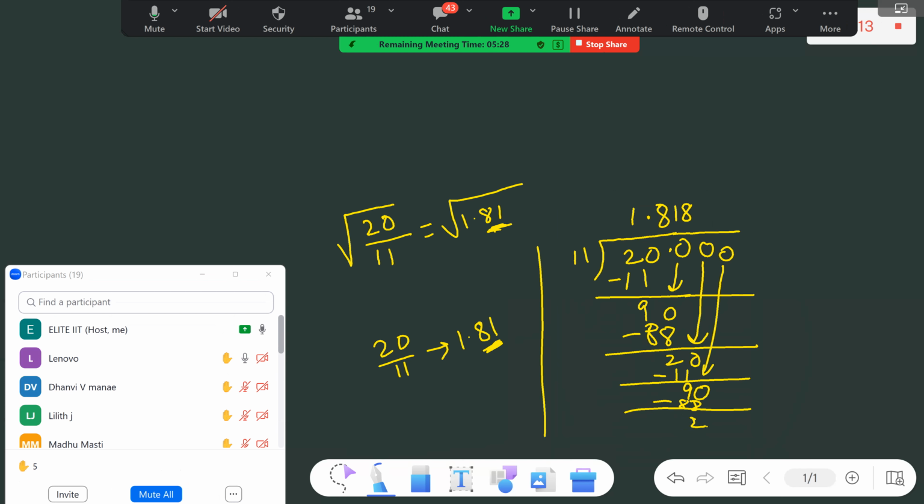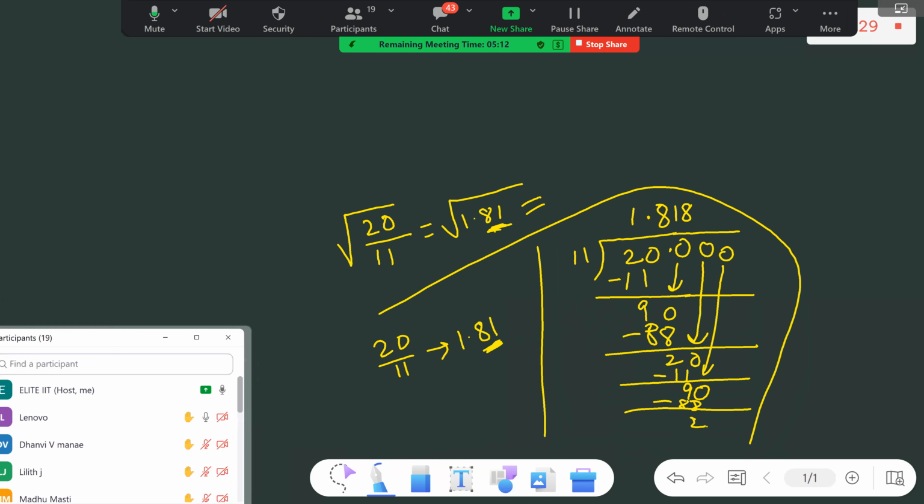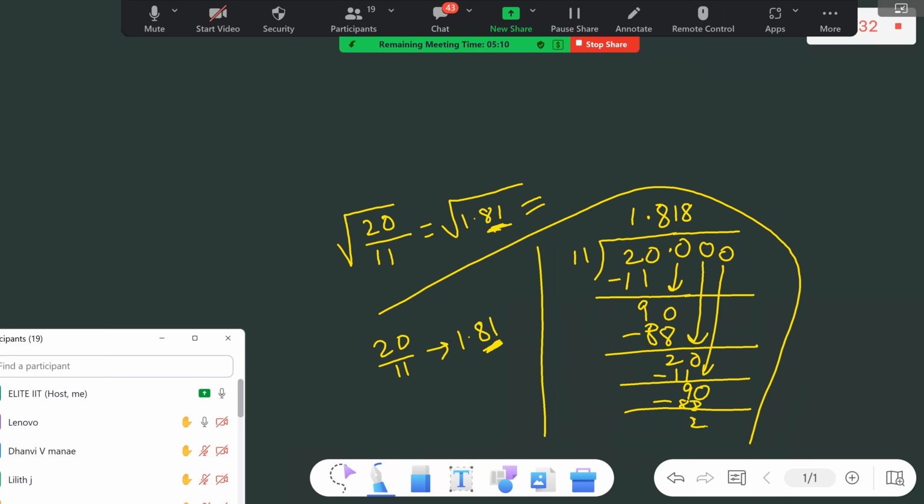You understood how to find the square root of decimal numbers, Manvita? So can you find the square root of 1.81 now? Manvita, can you hear me? You can now find the square root of 1.81. Manvita, you understood the square root of decimals?